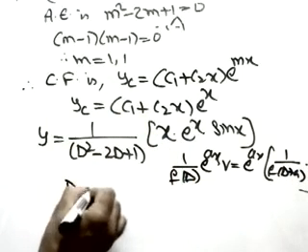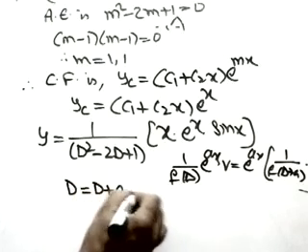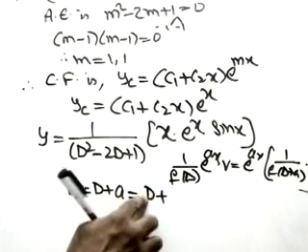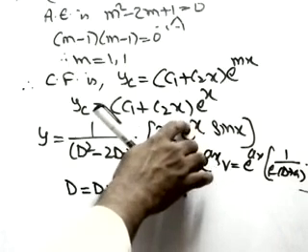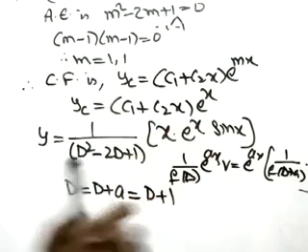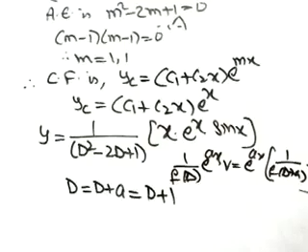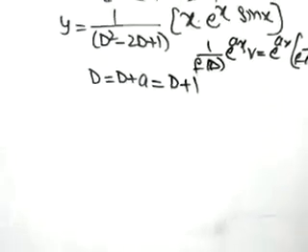So let me take out e outside. If we take e outside, we have to write D equals D plus a. A is here 1, sin ax, compare, a is 1, so in place of D we have to write D plus 1.